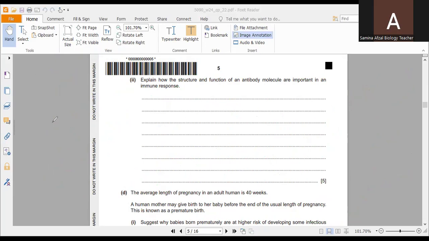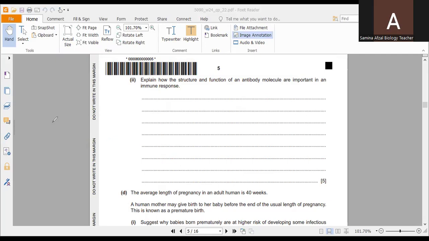So when they enter into the body, our immune system starts producing antibodies. These antibodies are produced as a result of the toxins or the chemicals which are produced by the microbes.